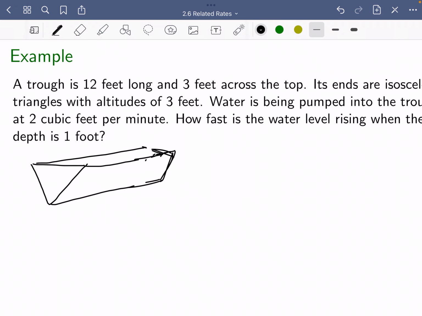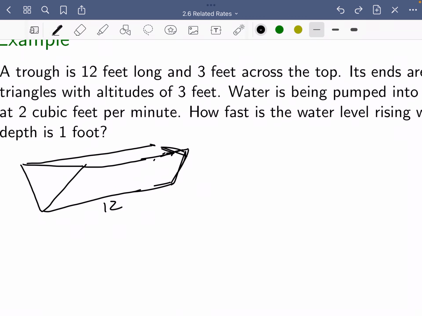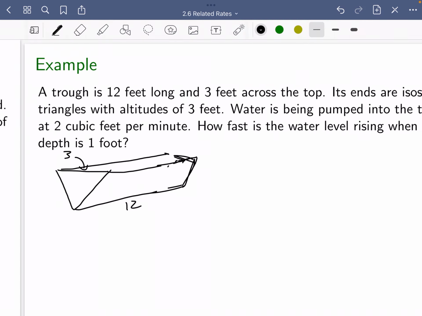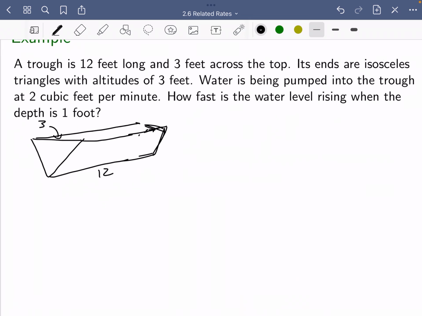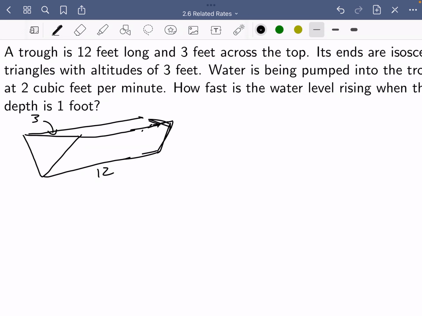What do we know about this trough? Well, it's 12 feet long, so this is 12. We know it is 3 feet across the top. Its ends are isosceles triangles with altitudes also 3, so that length is also 3.